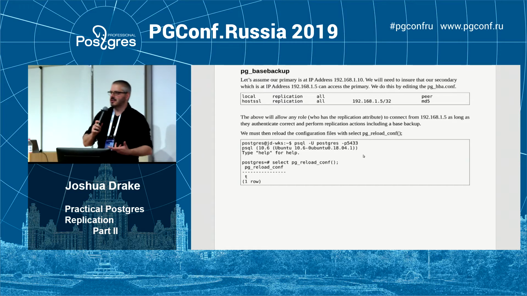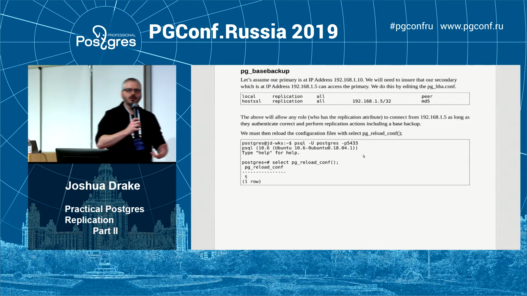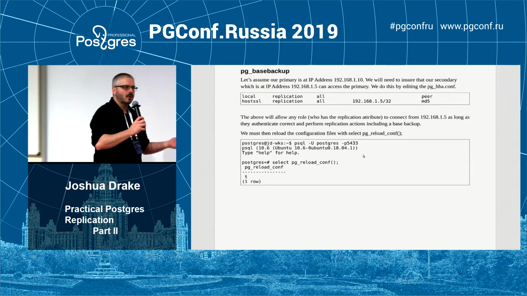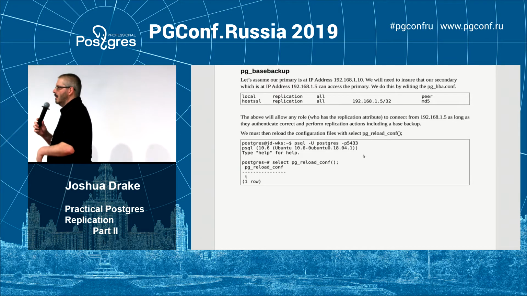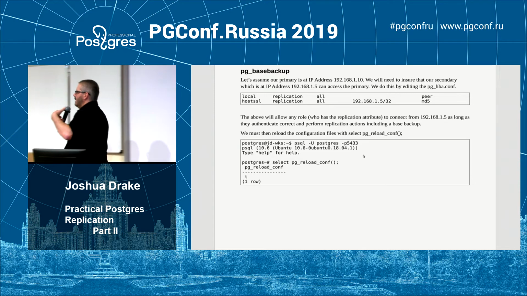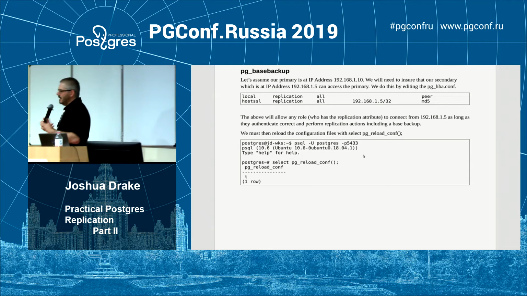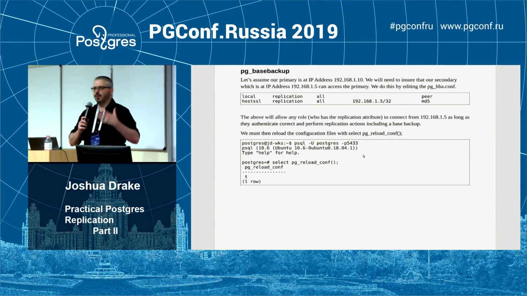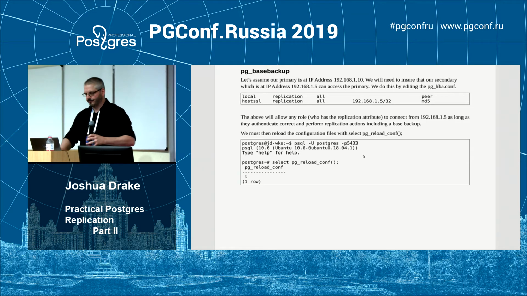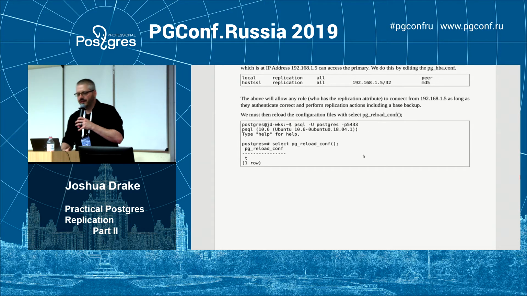But just for simplicity's sake, when you create the role, you would say CREATE ROLE foo LOGIN REPLICATION. It means that the user that you are creating has the ability to connect to Postgres as a replication user. Once I've made that change, I've saved it to disk, I need to reload the configuration file.